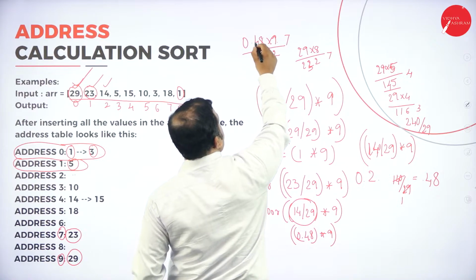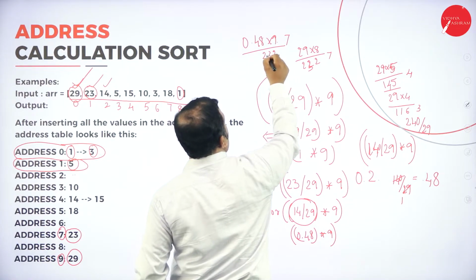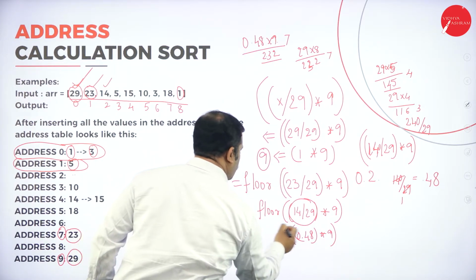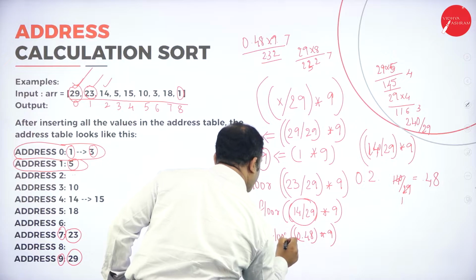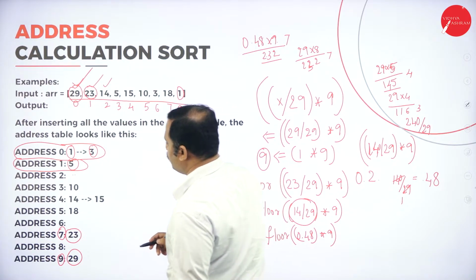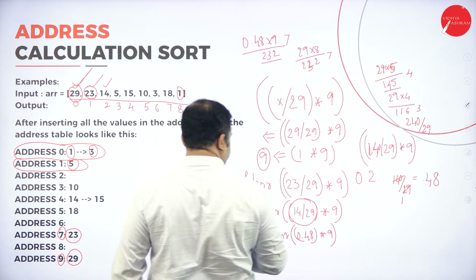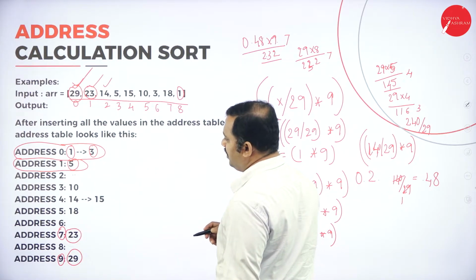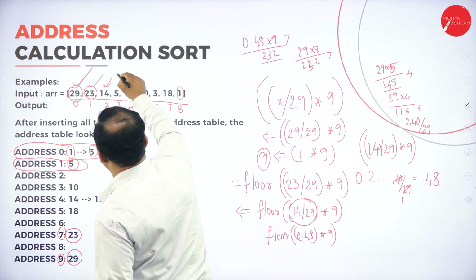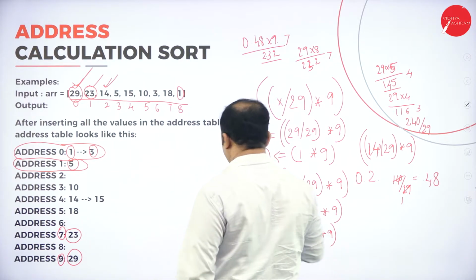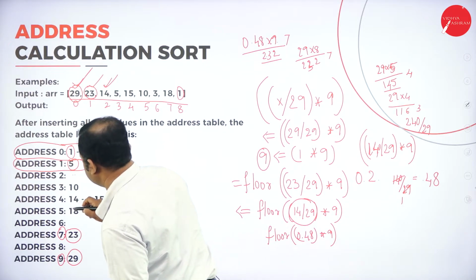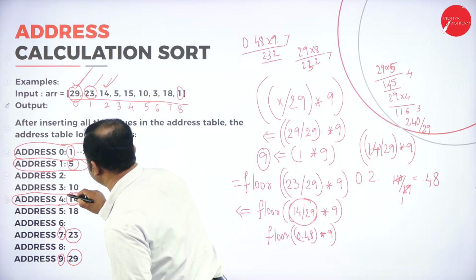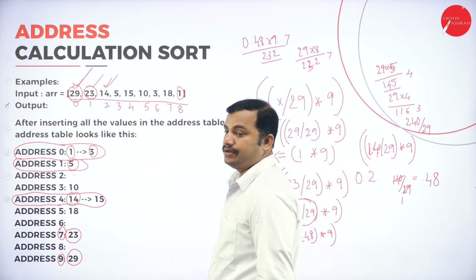We have 2 digits after the decimal point, so 4.32 is the value. What is the floor of that? We have the value which is equal to 4. After simplifying, we will get the value 14 inserted at the address location 4.